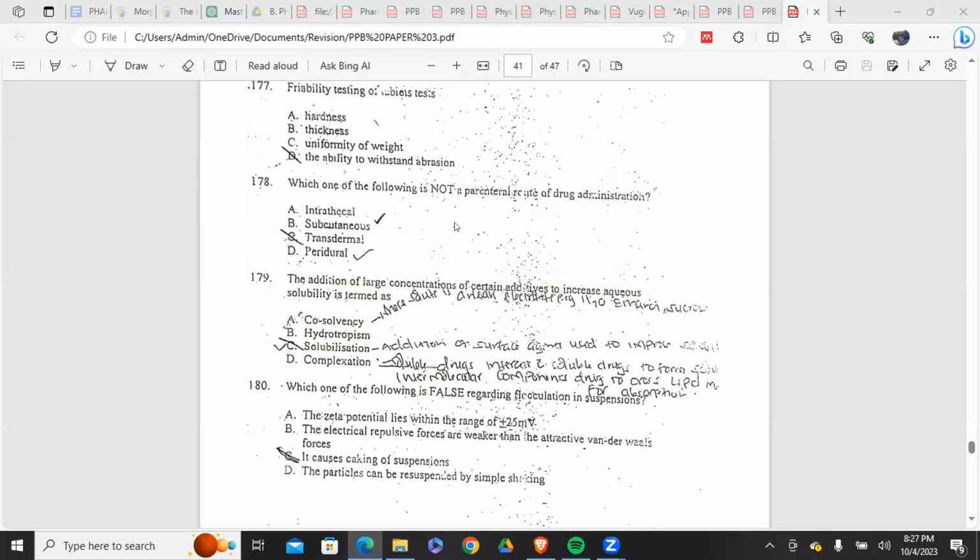What is it? Ukigoogle inasema peridural is an injection yenye wanadunga mahali kwa dura mater. So I guess huwa inaexist, I think for anesthesia or something.